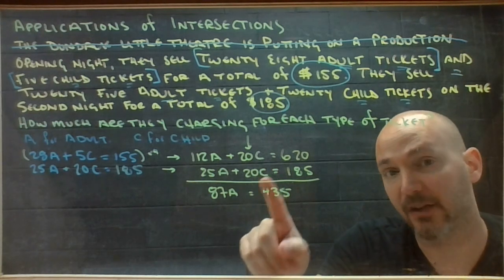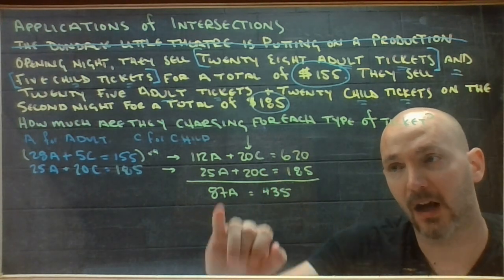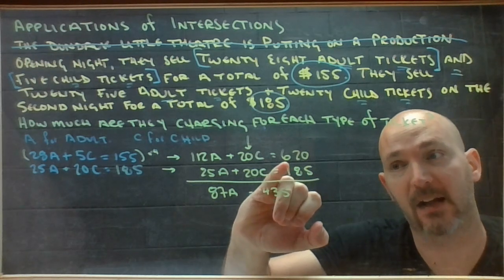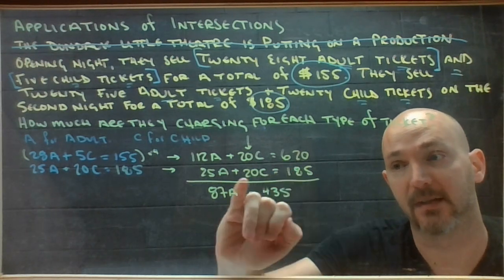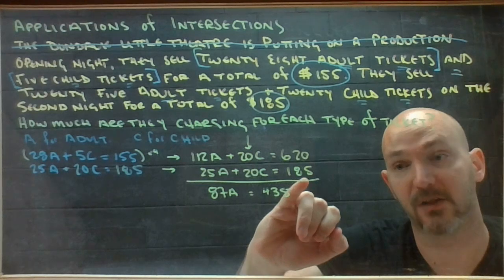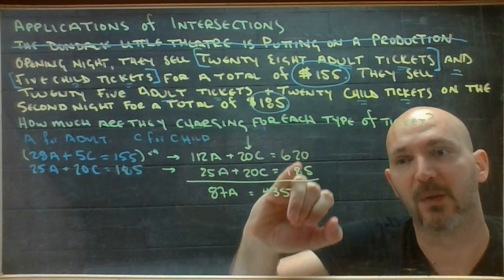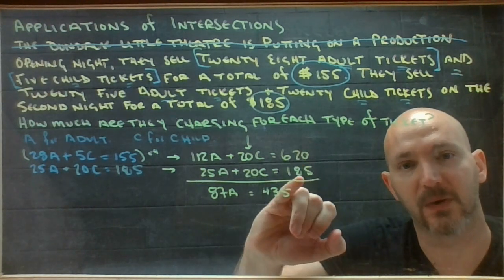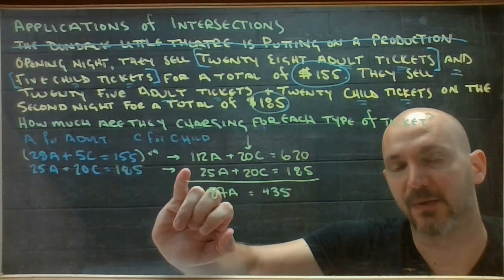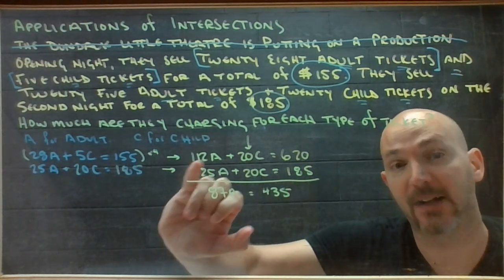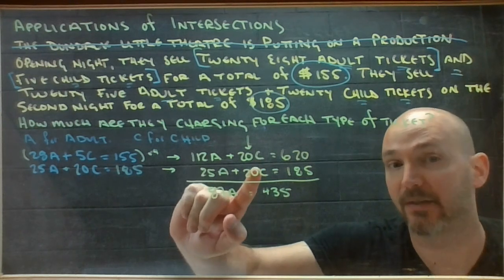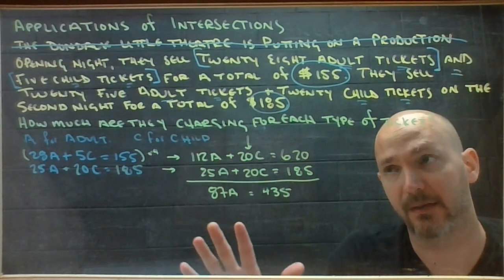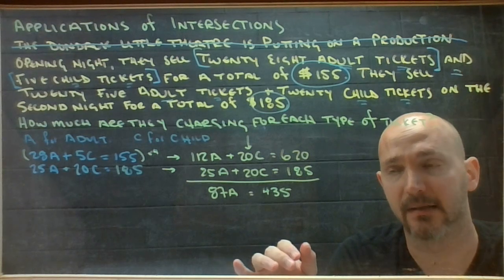But when I have a match like this, I know that in this pile there are exactly 20 child tickets, and in this pile there are exactly 20 child tickets. So the difference between these two numbers only comes from the difference in the adult tickets, because the kid pile matches. That's sort of the theory or the logic behind this.